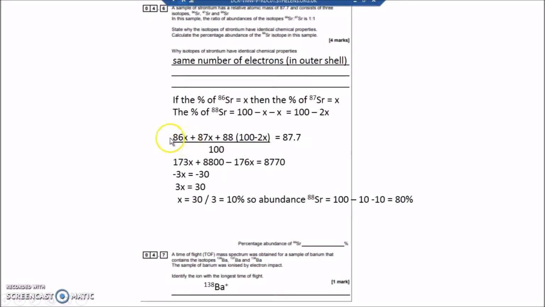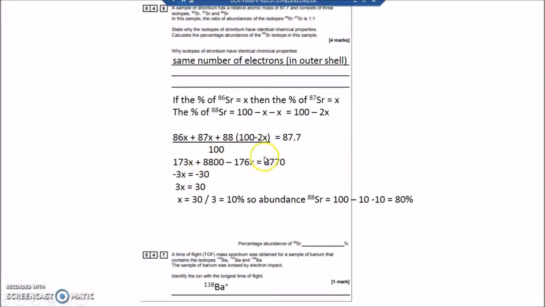To work out the total mass of the 86 particles, I multiply 86, the mass of one particle, by however many there are. 87 is the mass of the next strontium particle, multiplied by the number that they are, X, and 88 multiplied by the number that they are, and I divide by the total number of particles, which I've decided is 100. And that equals the average, so I'm working out the average, that equals 87.7.